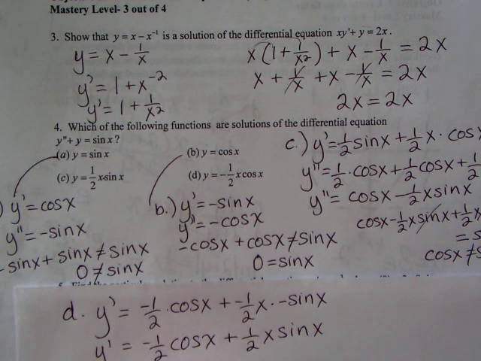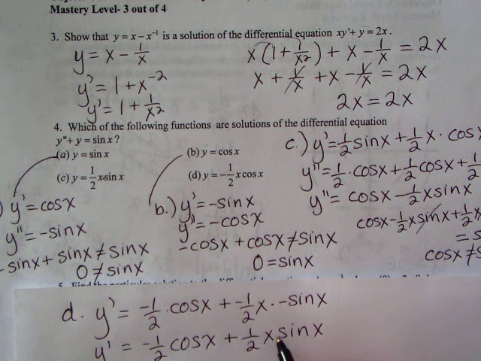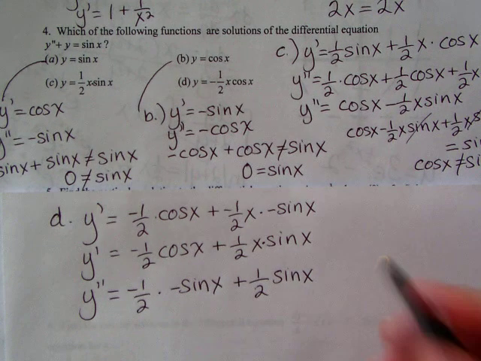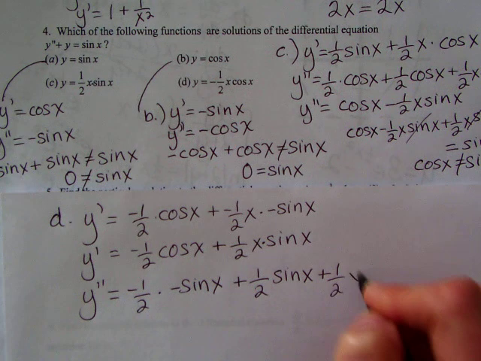And then y double prime, constant multiple rule. This negative 1/2 stays. The derivative of the cosine is negative the sine of x. Plus product rule here, derivative of 1/2 x is 1/2. Leave the sine alone. Plus leave 1/2 x alone.